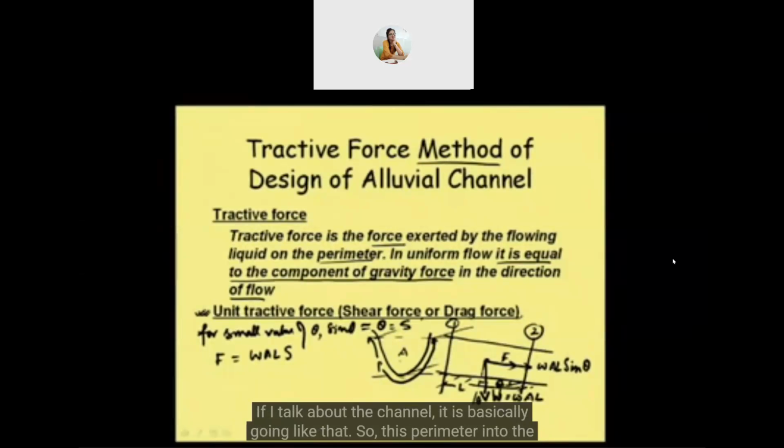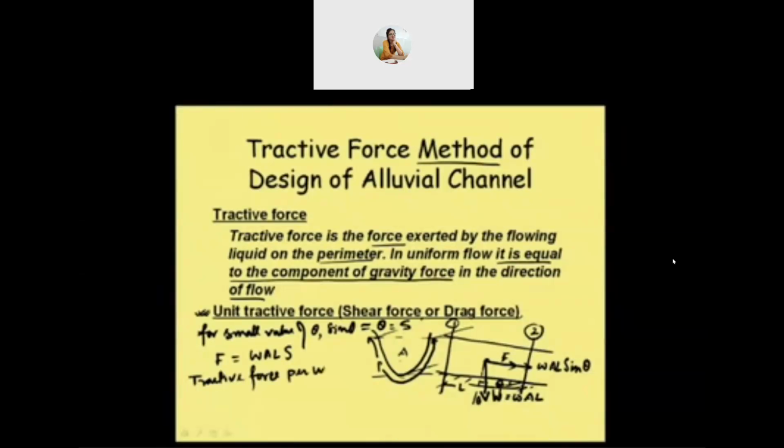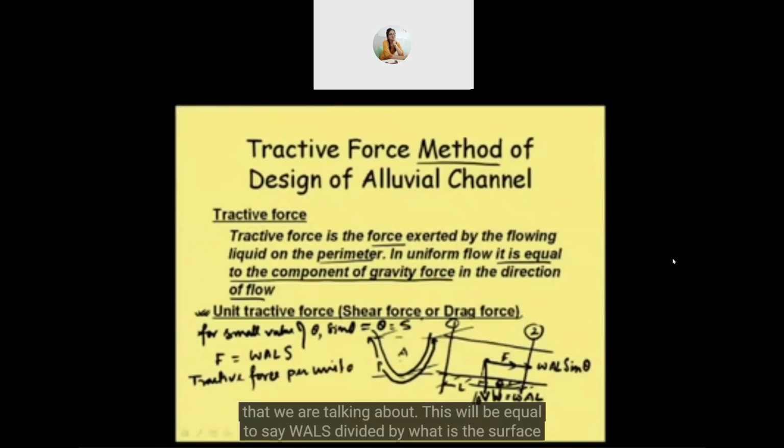This perimeter into the length, this length is the same as what I am drawing. So this is the total surface area. So the tractive force per unit area is nothing but the unit tractive force that we are talking about.